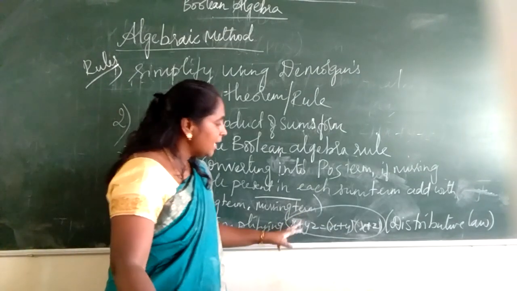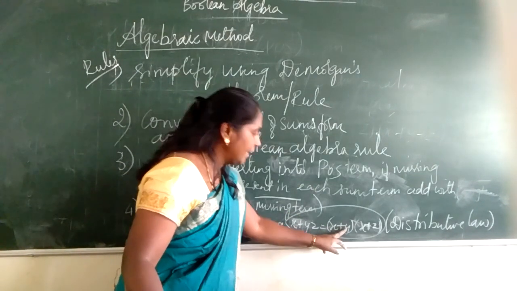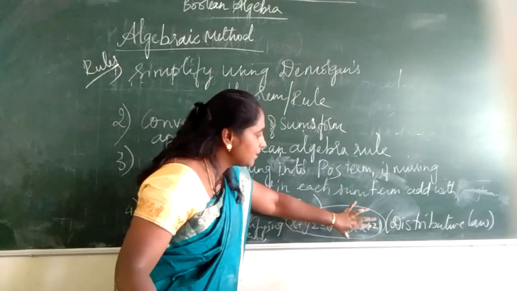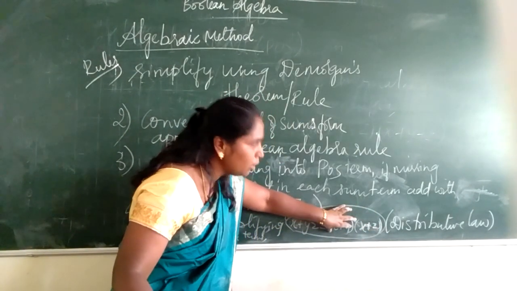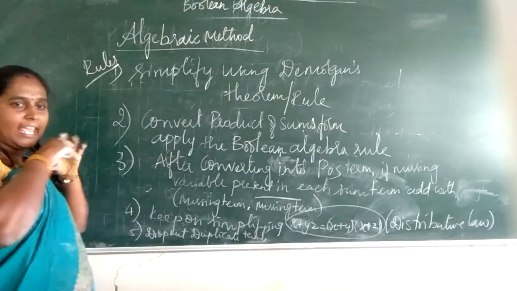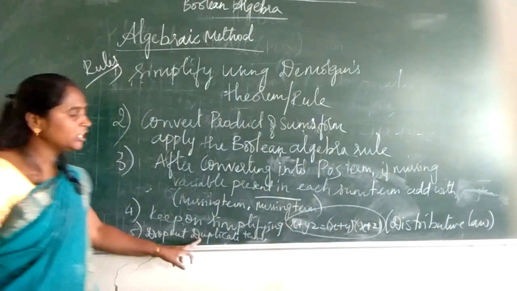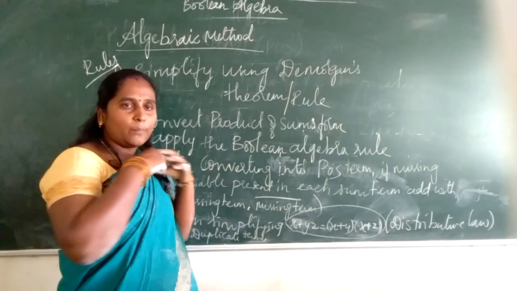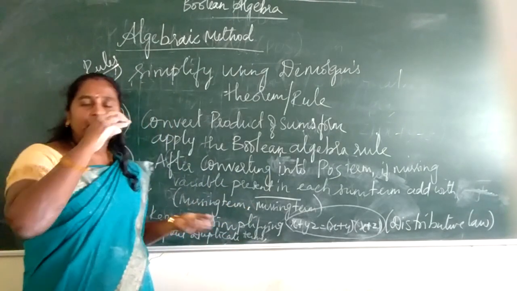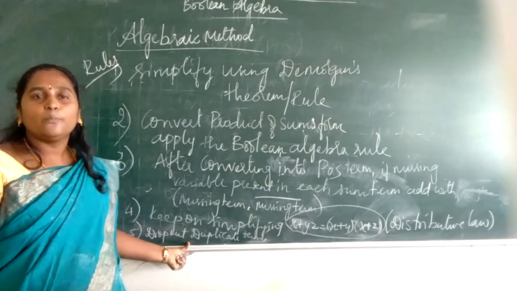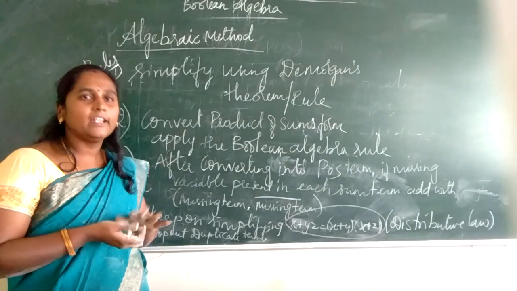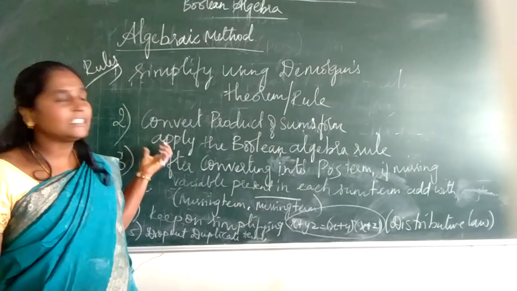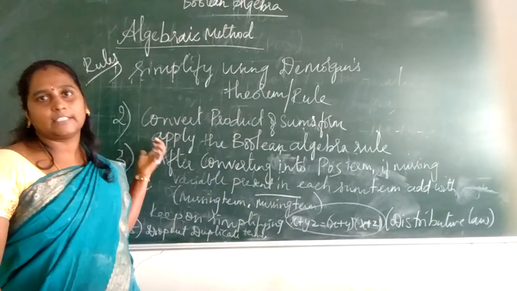After simplifying using this law, whatever expression you get, drop out the duplicate terms. After dropping all the duplicate terms, the remaining sum terms are multiplied. Then you get the expression, and we call such an expression the canonical POS.